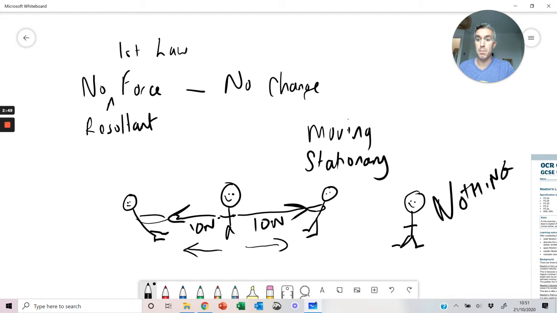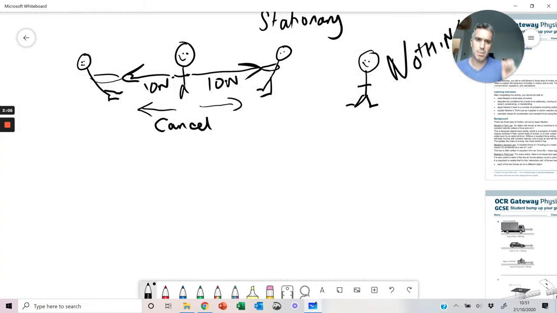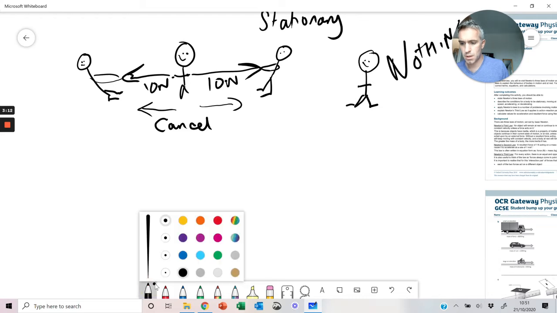If you have some forces but they cancel out, you also get nothing happening. So no resultant force means nothing happens, nothing changes, which is fine. But it becomes a bit trickier when, now let's have, see if I can make this slightly smaller. There we go.